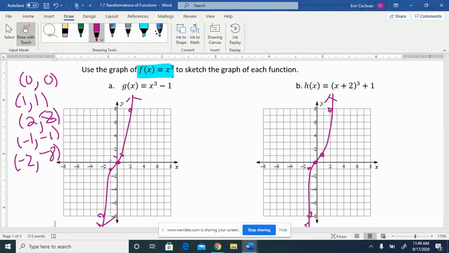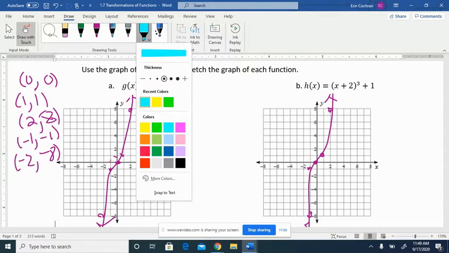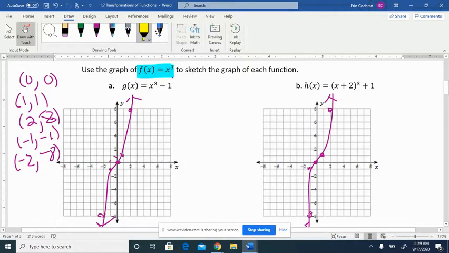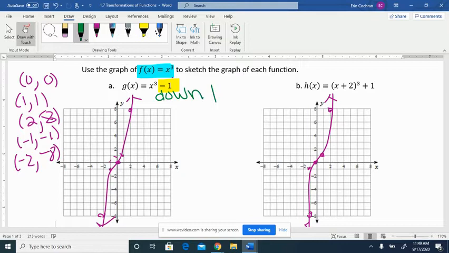Now, as we look at example A, we have x cubed minus 1. Since that's not being cubed, that minus 1 is a vertical shift. So that means our points are going to drop down 1 unit. Instead of (0, 0), since we're going down, it changes our y coordinate.